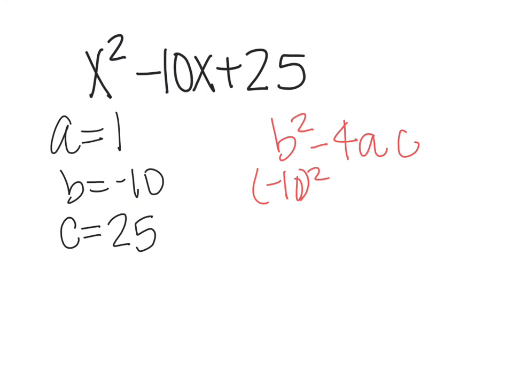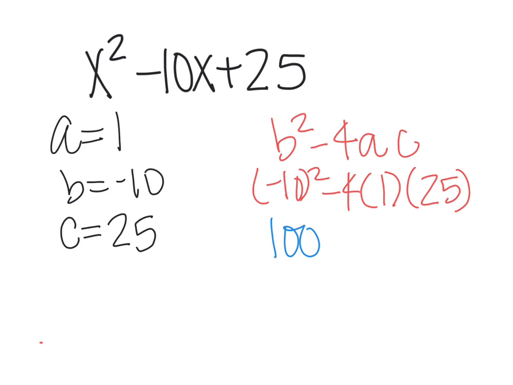Make sure you're being purposeful about that. So negative 10 squared minus 4 times a, which is 1, times c, which is 25. Negative 10 squared is going to be positive 100. Then you have negative 4 times 1, which is negative 4, and that times 25 is going to be negative 100. Whenever you have 100 minus 100, that gives you 0.